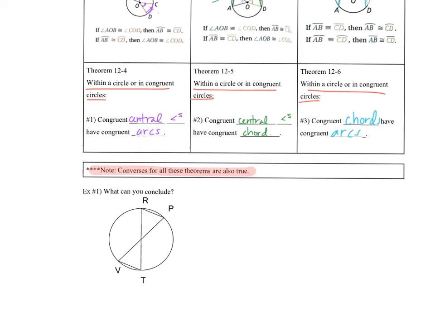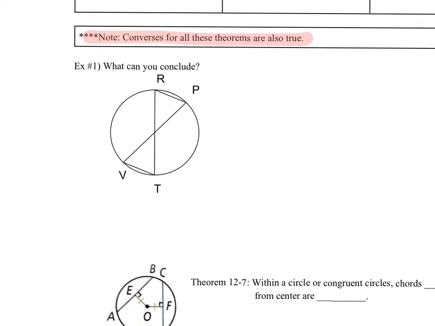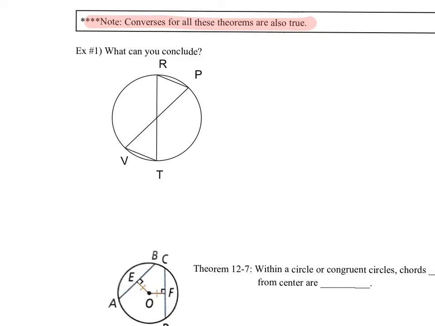Okay, so in this picture, we're trying to say what we know is true here. The first thing that we know is true is we know these 2 angles are congruent. Why do we know those angles are congruent? Those are vertical angles, right? So because we know those 2 angles are congruent, then we can conclude that the arcs and the chords associated with them are also congruent.